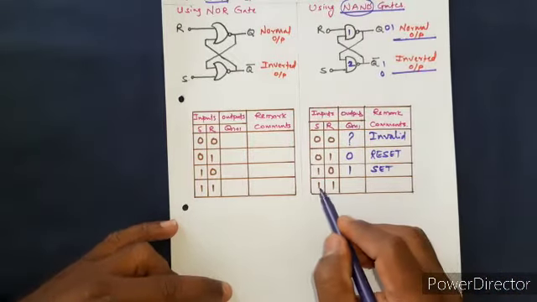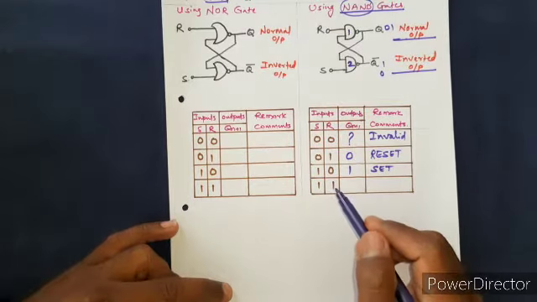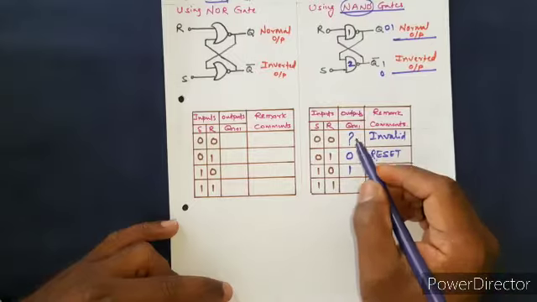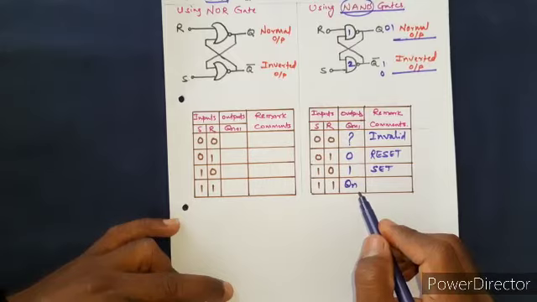Now when S equal to R equal to 1, both inputs are the same, and there is no change. The output remains as it is.